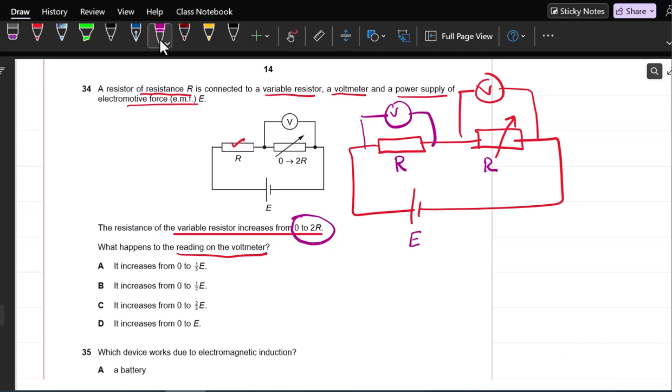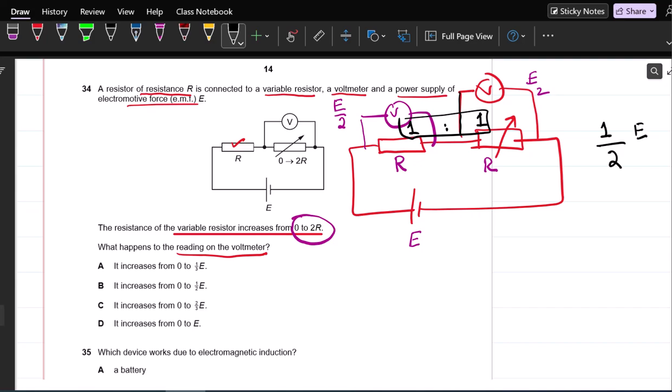It will be E by 2 here, E by 2 here, because this circuit is having a ratio 1:1, because R and R. Ratio is 1, here it is 1. So total ratio, sum of this is 2. And how much potential drop will occur here? It will be 1 by 2 of E.